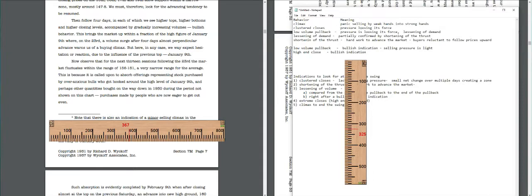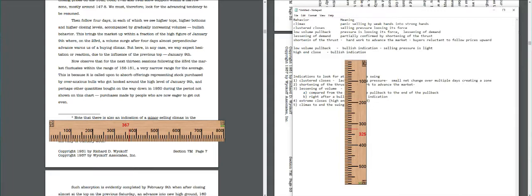It means the pressure, like selling pressure in this case, is losing its force. What helps confirm that? Volume. Volume, when it tapers off or becomes less and less, means the pressure is losing its force. It can also mean lessening of demand. Finally, lessening of demand is partially also confirmed by the shortening of the thrust.